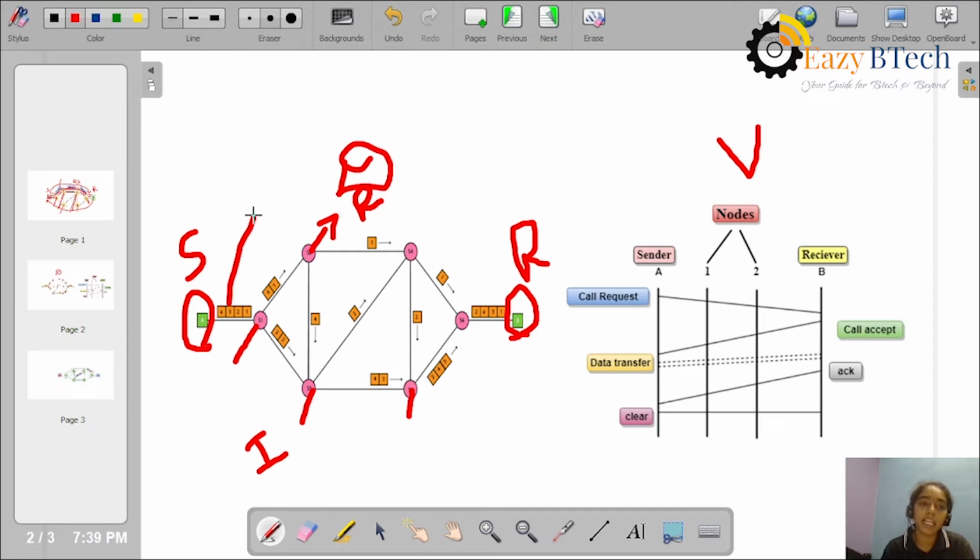This is the entire message, which will be divided into four smaller parts, four packets. Each packet will be assigned one sequence number, or unique number: 1, 2, 3, 4.